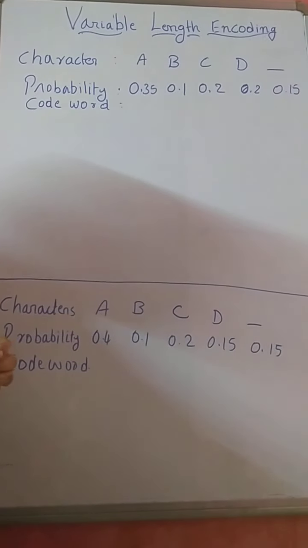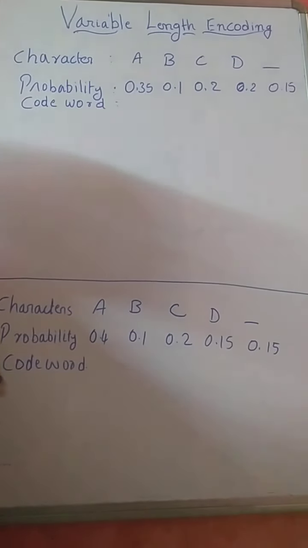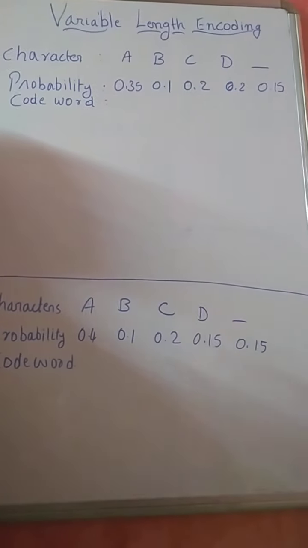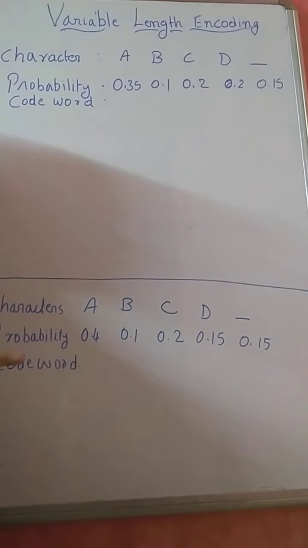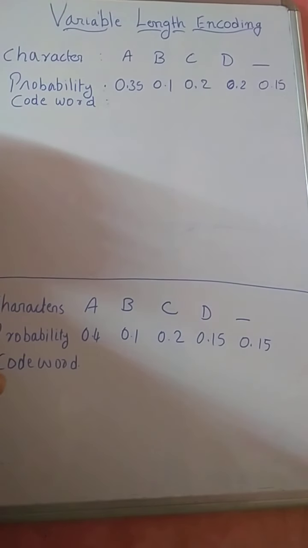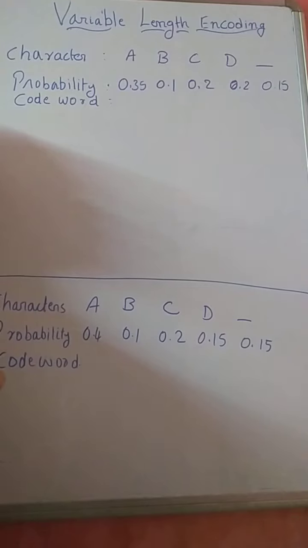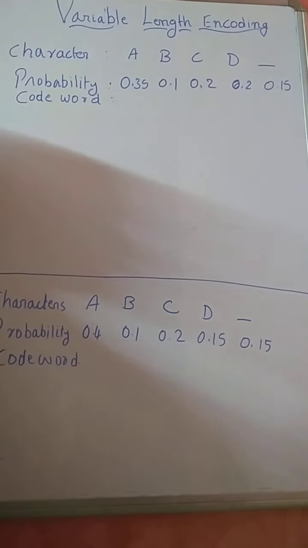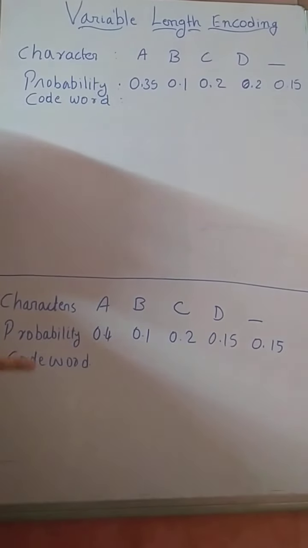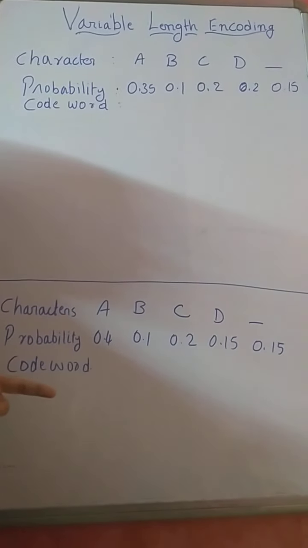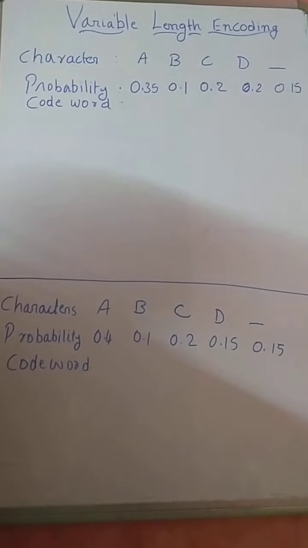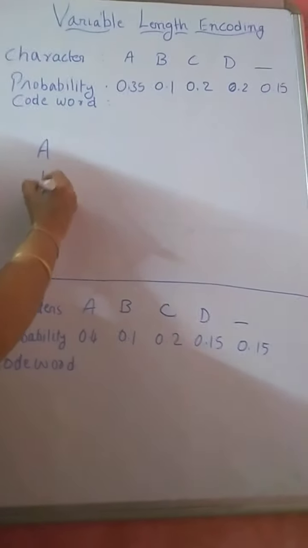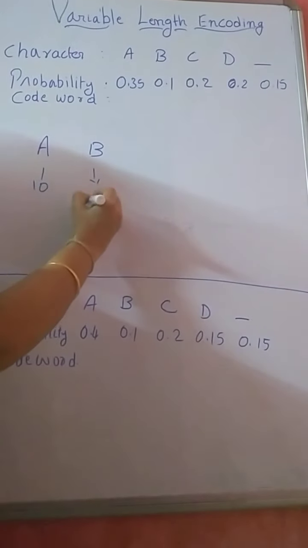To overcome that disadvantage, suppose character A occurs 10 times in the text and character B occurs 100 times.